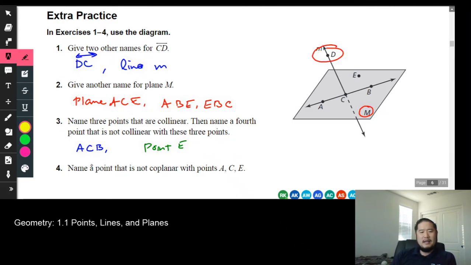It's on a line. What's happening here is we have our plane and a line that's going through the plane. Therefore, any point that's on this line is not going to be coplanar. So our answer for this would be point D.